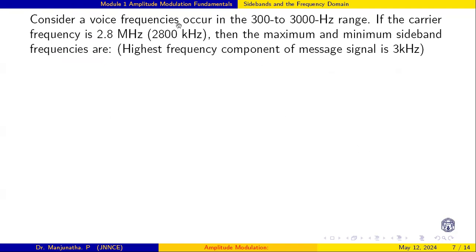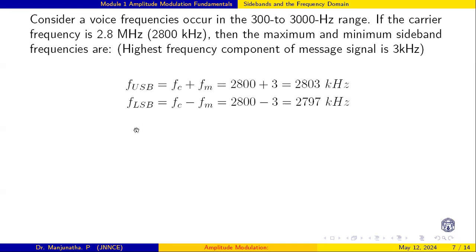Next, coming to the voice frequencies, that is 300 hertz to 3 kilohertz. If the carrier frequency is 2.8 megahertz, that is 2800 kilohertz, find the maximum and minimum sideband frequencies. The highest frequency component in the voice is 3 kilohertz.